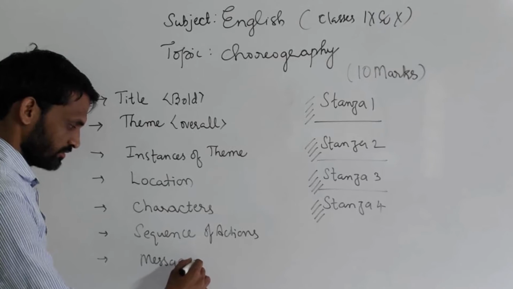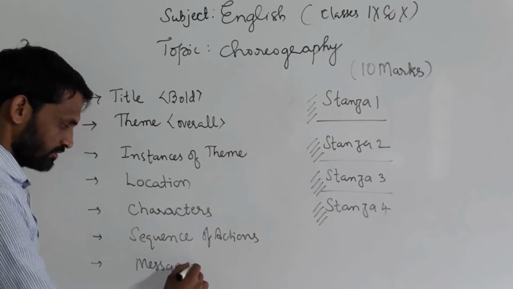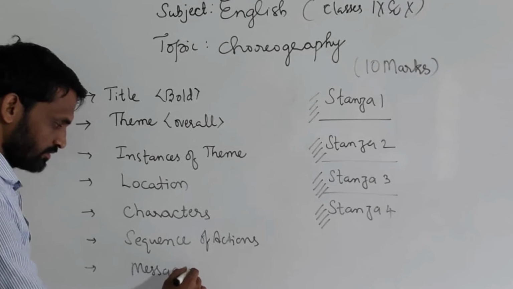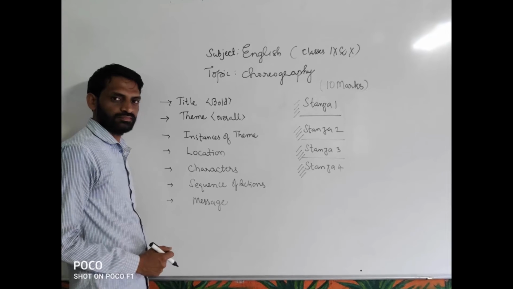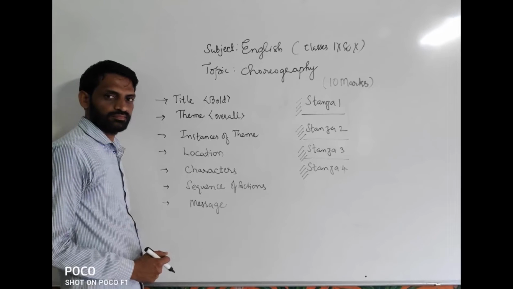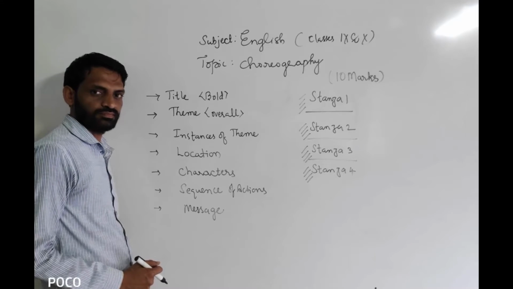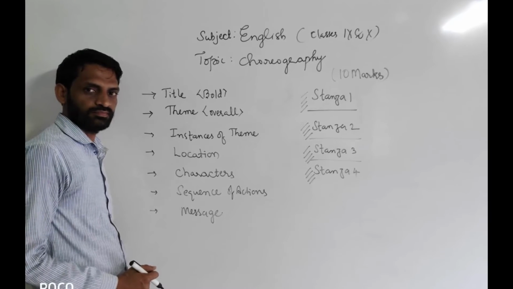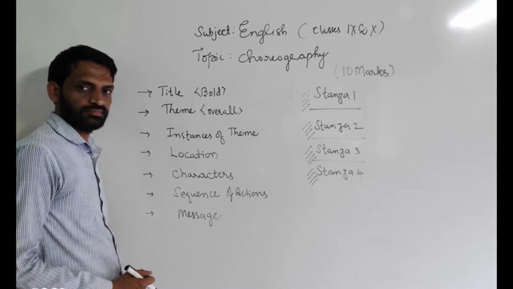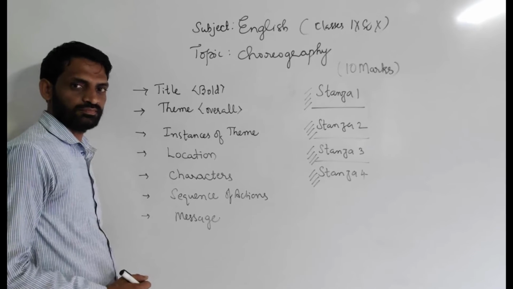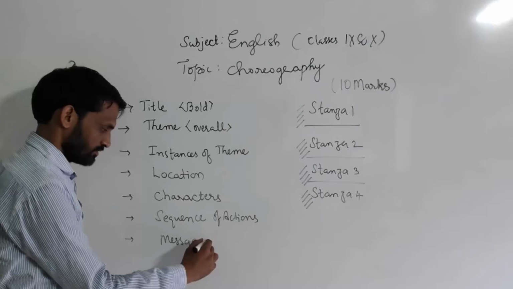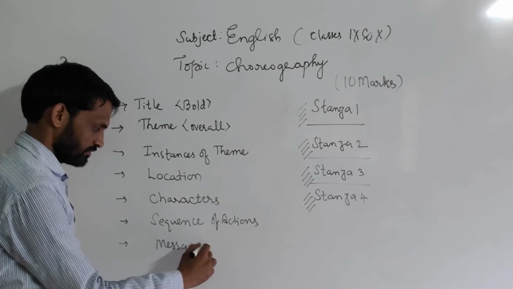The main points to be noted are these. First of all, you have to give a catchy title to the particular poem. This is the first point. It has to be written in bold letters and as well as catchy. Coming to the next one, theme.